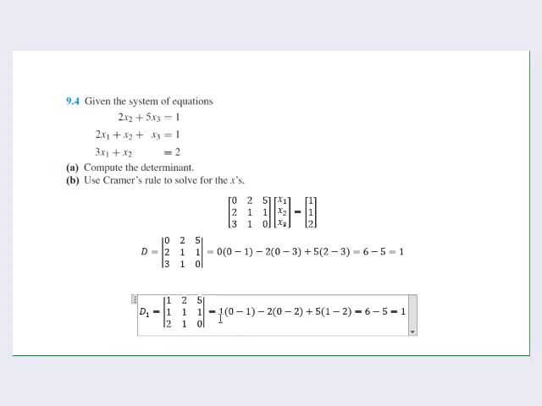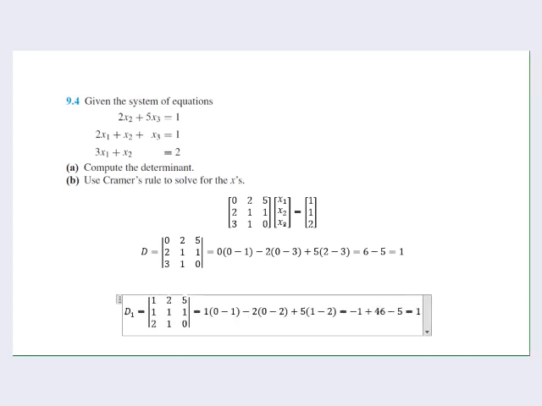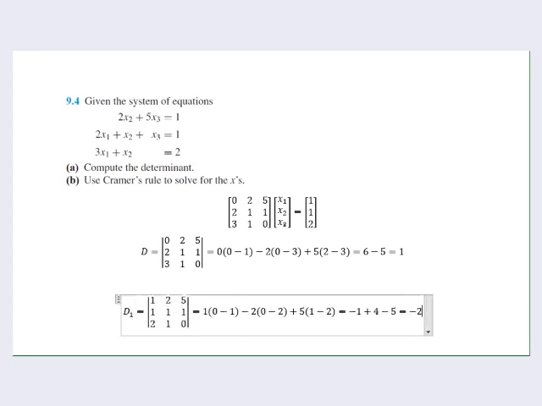So 1 into 0 minus 1, that's minus 1, minus 2 into minus 2 becomes plus 4, 1 into minus 2 is minus 1, minus 1 into plus 5 is minus 5, so minus 1, minus 5, minus 6, plus 4, that's minus 2.